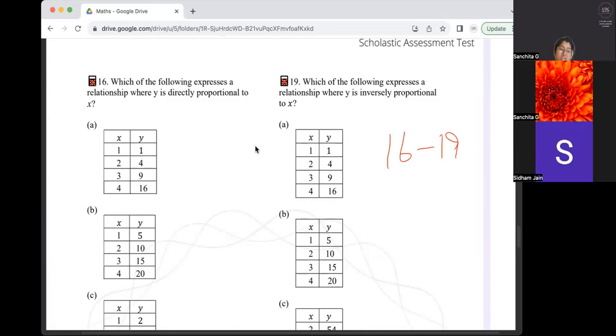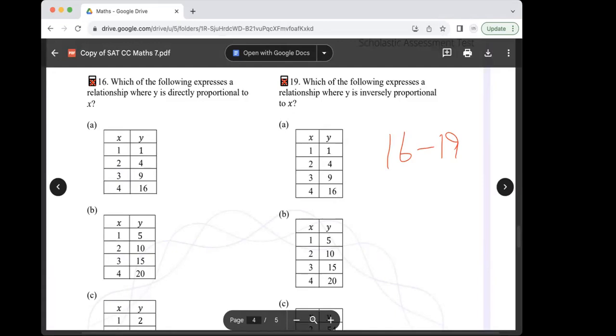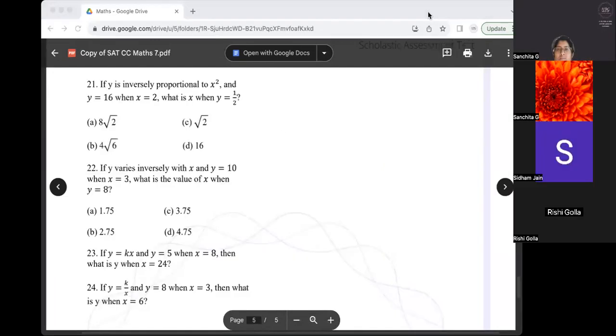Just tabular questions. Now it's a mix. Not much time, like 2, 3 minutes. Let's go. Do one thing, solve until 22. Let's complete this handout.